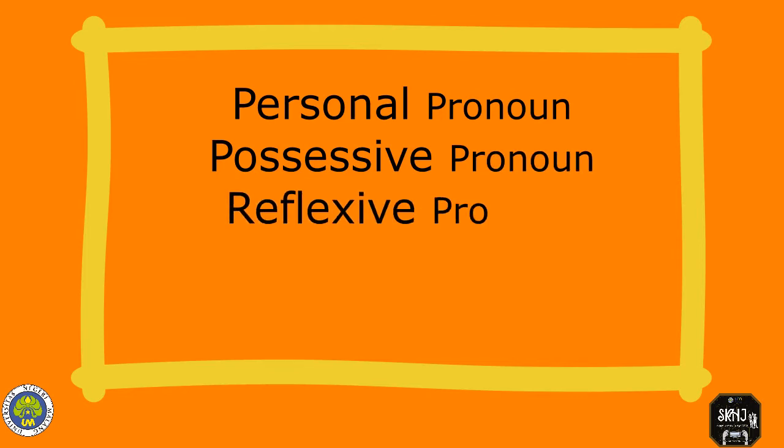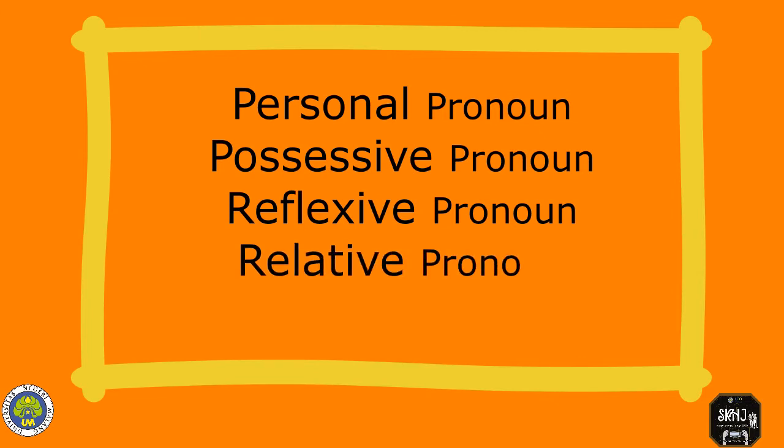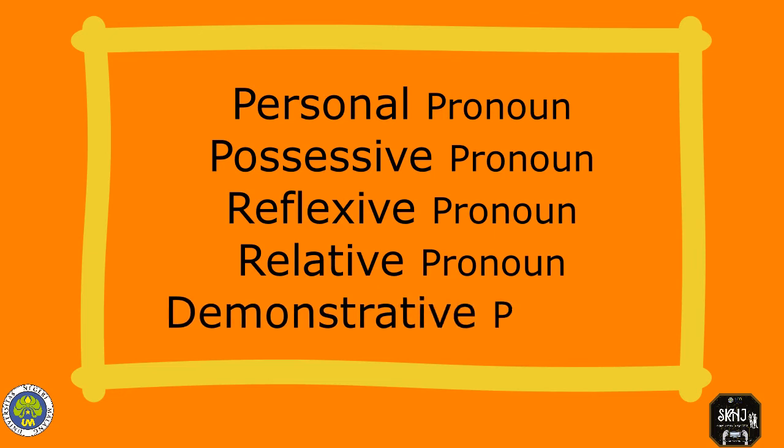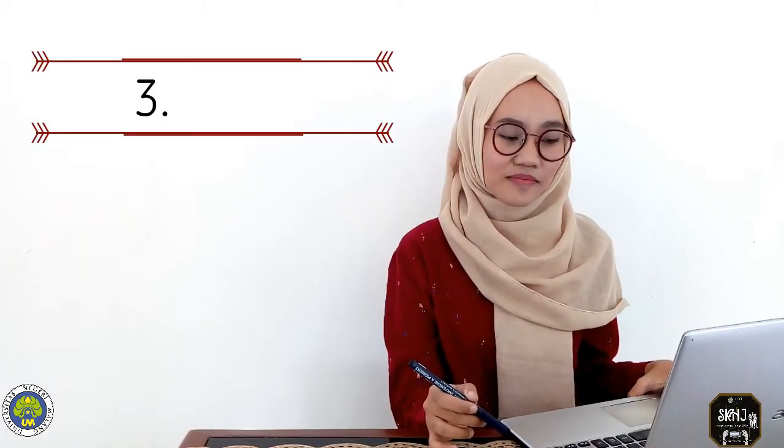Reflexive pronouns are used to emphasize another noun or pronoun, such as myself, yourself, ourselves. Relative pronouns introduce a subordinate clause, such as which and that, and demonstrative pronouns are such as this, those, and that.